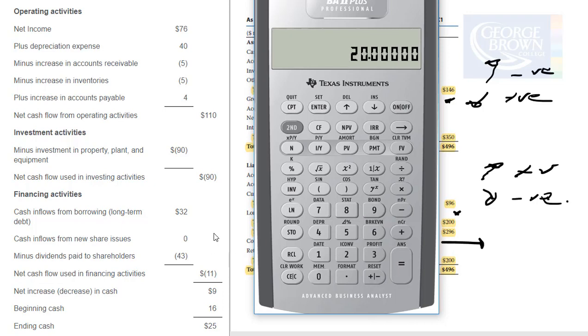And then our net cash from financing was a negative 11, so we subtract the 11. And so you can see our net increase or decrease was 9, and we add that to our beginning cash at the beginning of the year. The end of 20x1 is the beginning of 20x2, and we get our ending cash of 25, which we see on the balance sheet, okay?